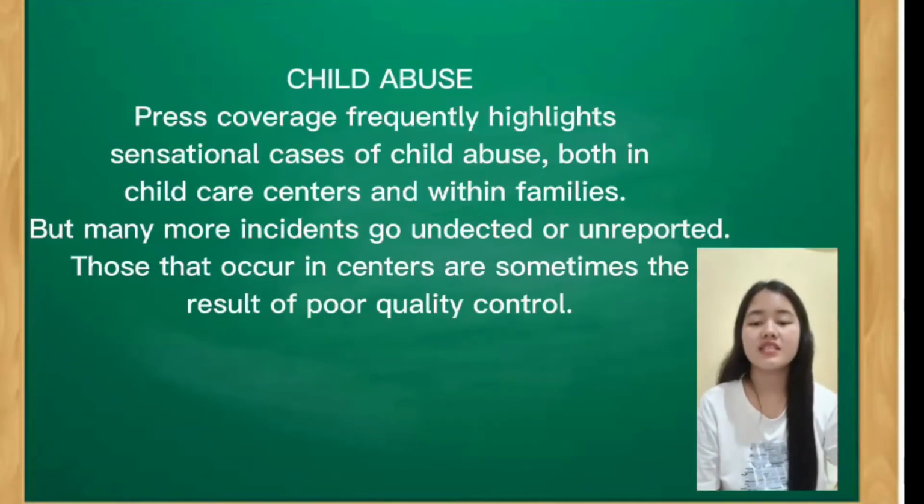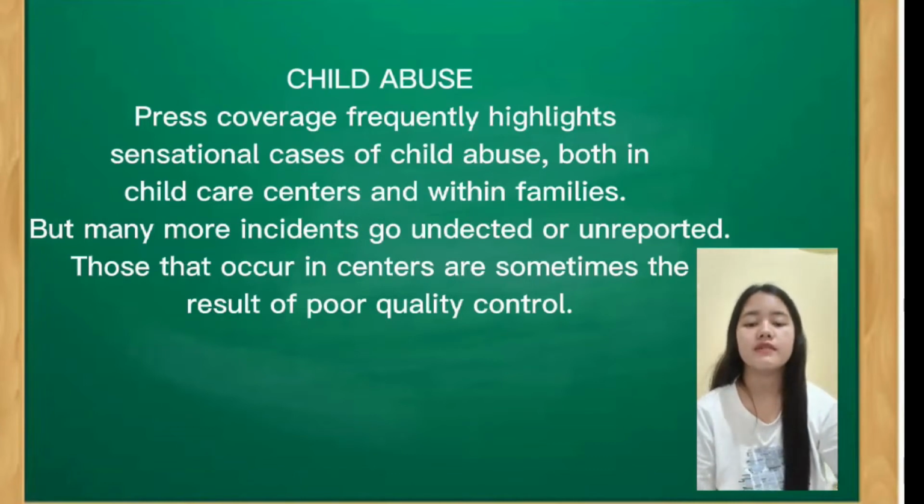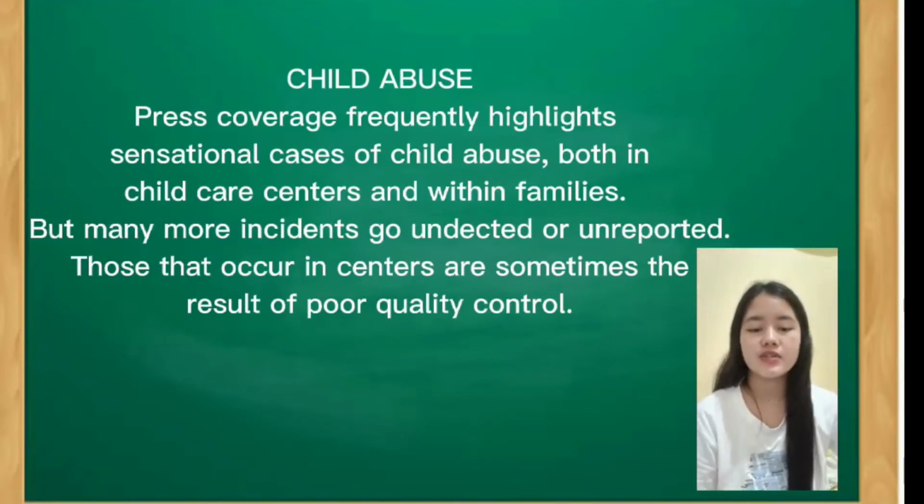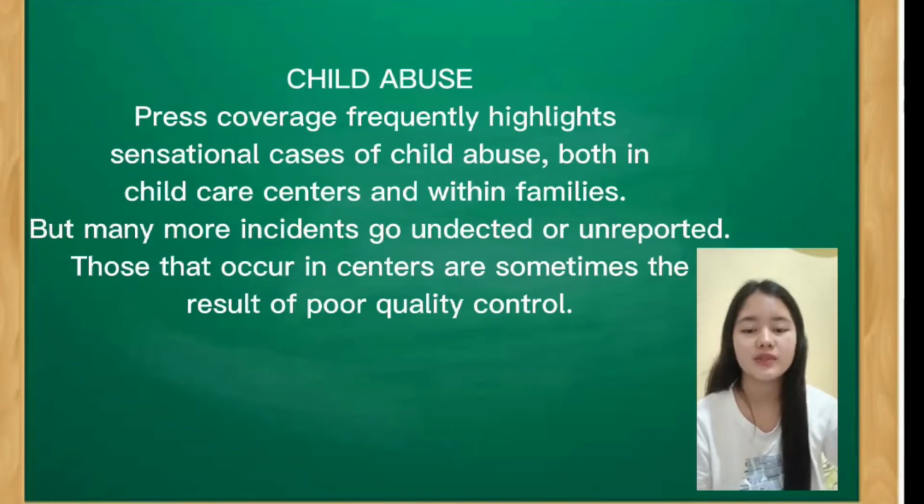So the next one is child abuse. Press coverage frequently highlights sensational cases of child abuse, both in child care centers and within families. But many more incidents go undetected or unreported. Those that occur in centers are sometimes the result of poor quality control.